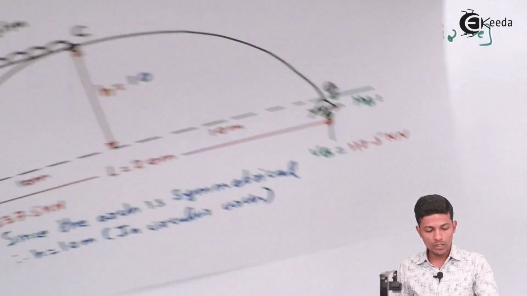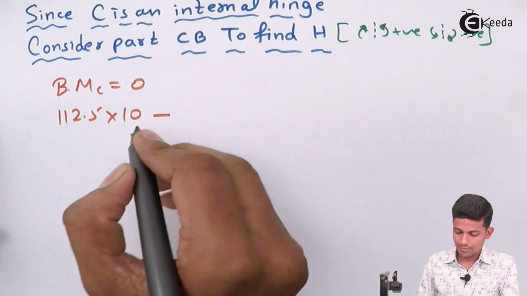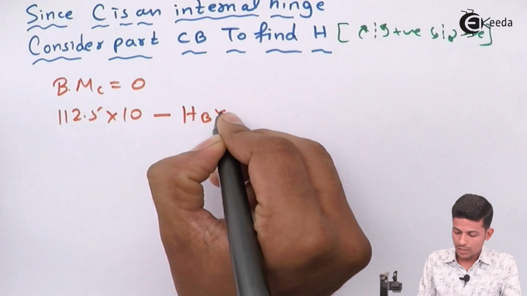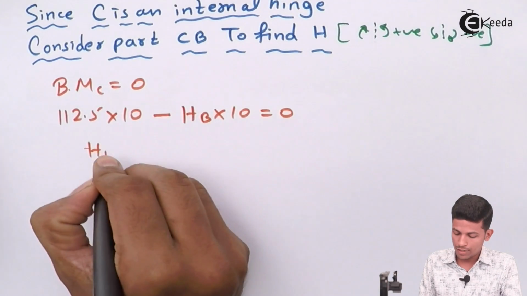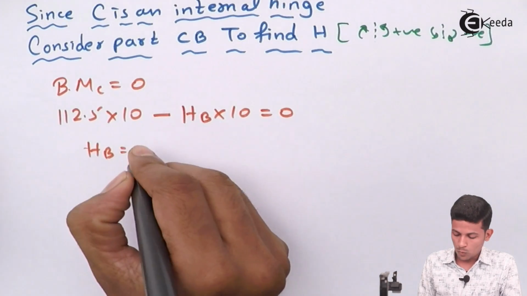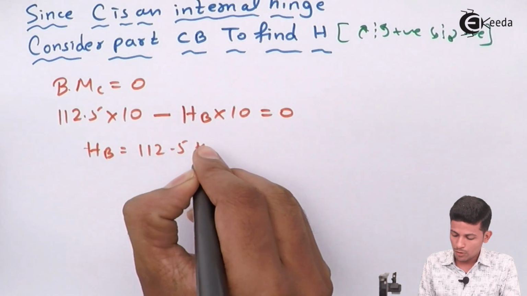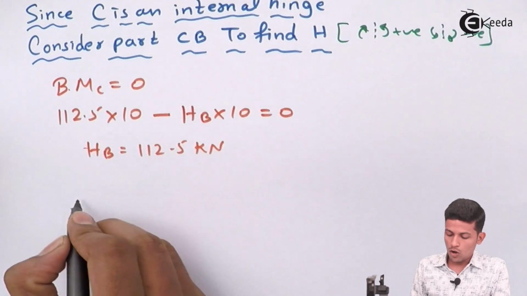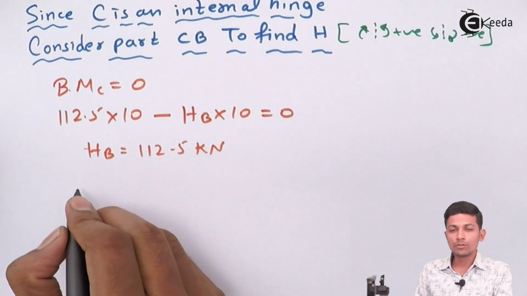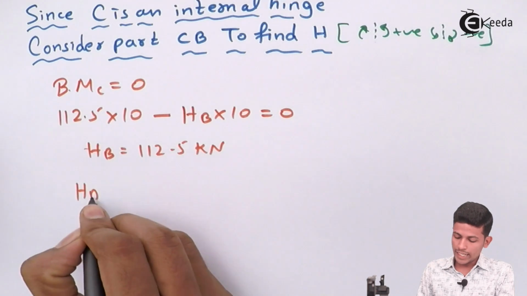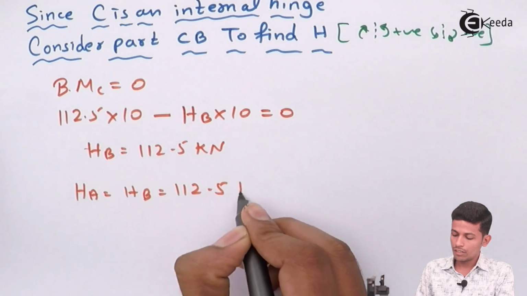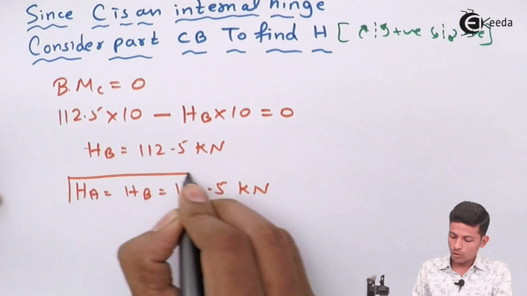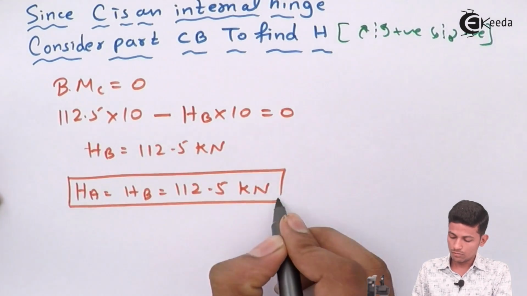So HB into 10, okay, equal to 0. While solving this, you get the value of HB as 112.5 kilonewton. As you all know, both the H are same, so HA is equal to HB equal to 112.5 kilonewton. Now we got the value of horizontal thrust also.